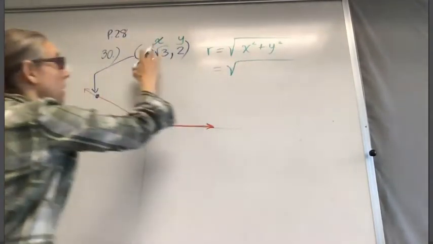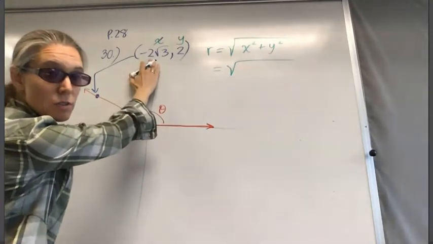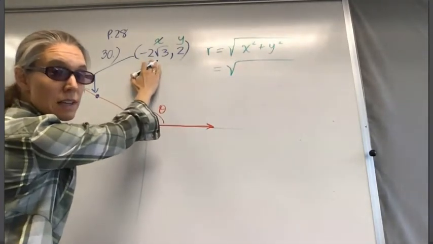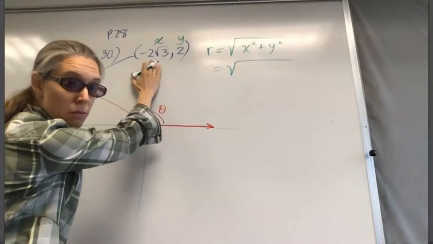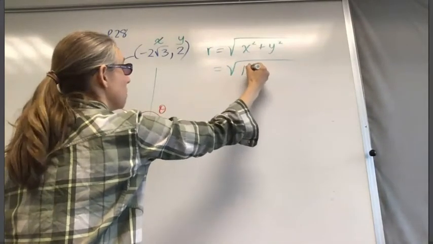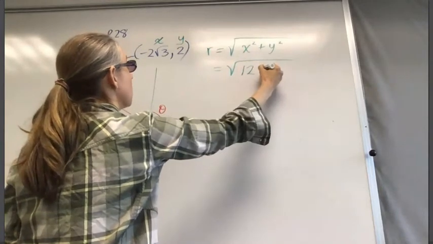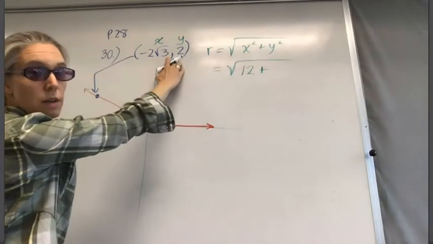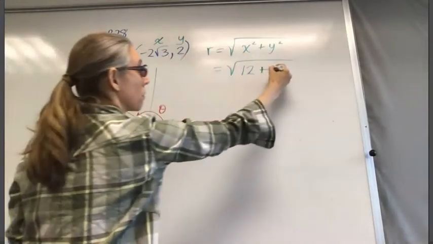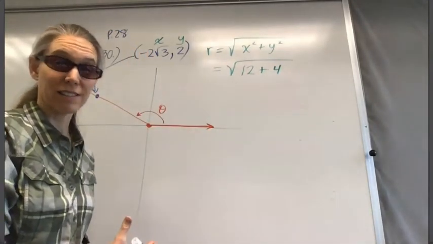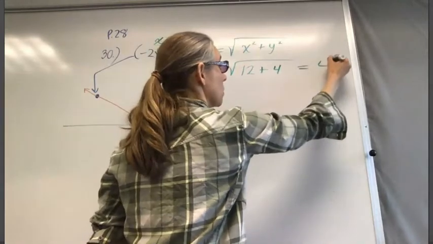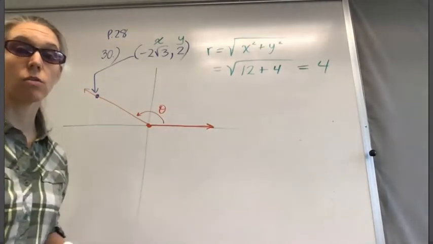So, if x is negative 2 root 3, what is negative 2 root 3 squared? 12. What is 2 squared? 4. So, the r value is actually a very nice number. The square root of 16 is 4.